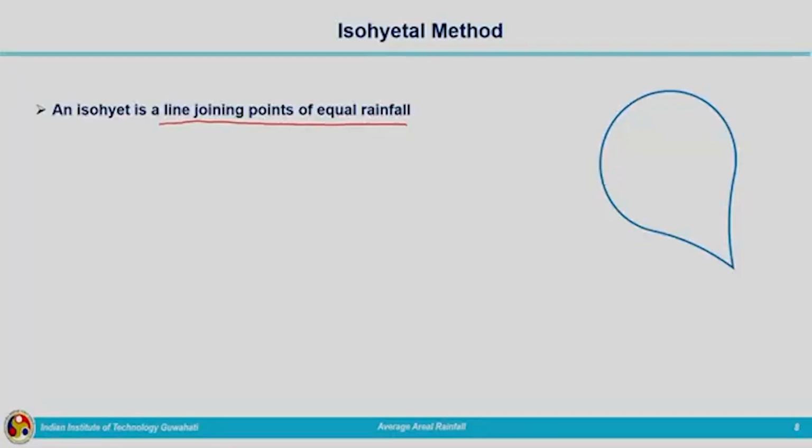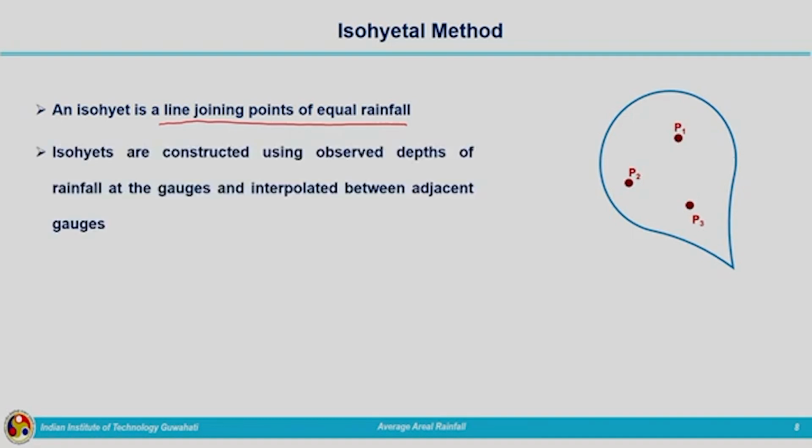So, let this be a catchment. We are having rain gauges P1, P2, P3, and isohyets are constructed using the observed rainfall depths at these gauges and interpolated between the adjacent gauges.